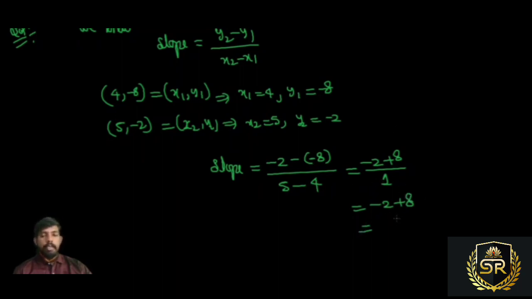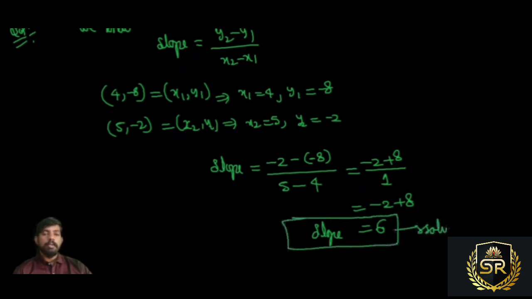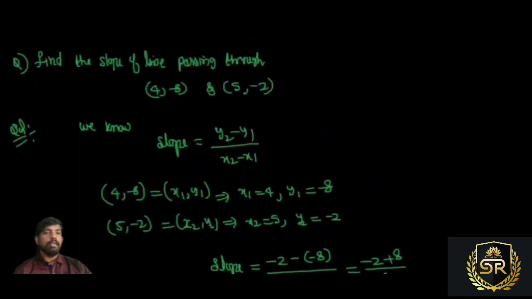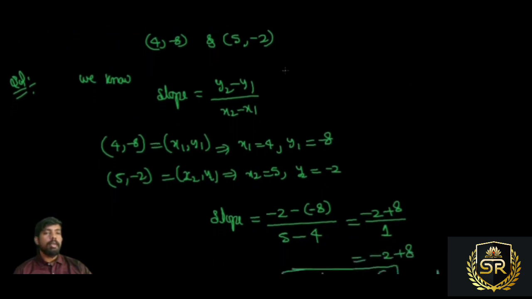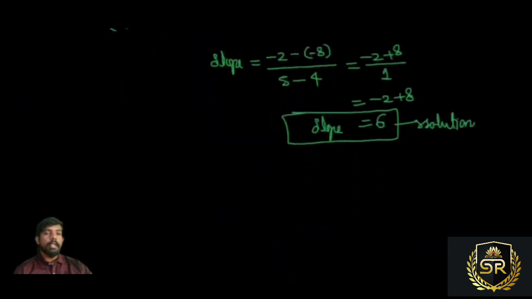Minus 2 plus 8 is 6. So the slope of the line is 6. That's all, this is the solution. To find the slope of a line passing through 2 points, this is the slope formula, and using this slope formula we found the slope. Okay, next problem.